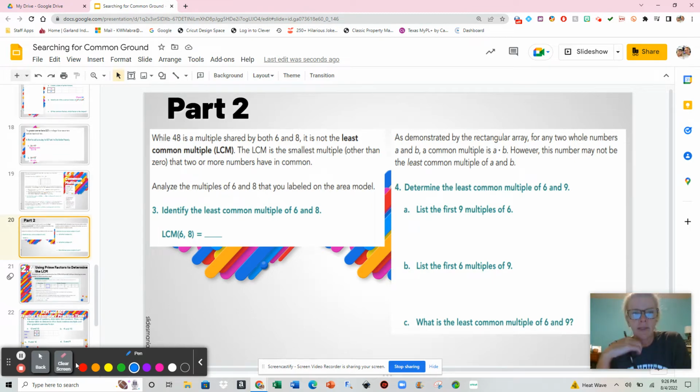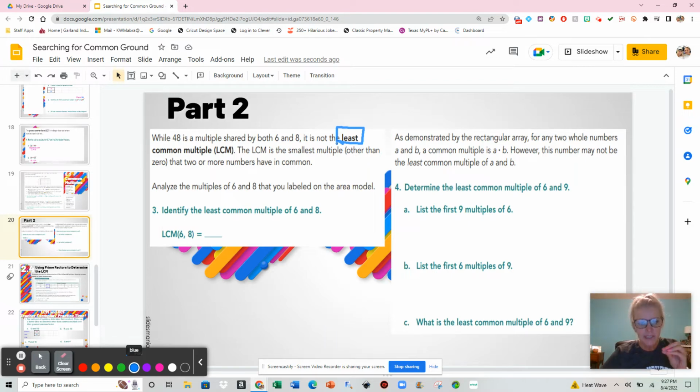Least, okay? We already know that the greatest means biggest, so least means the smallest. Smallest common, remember, is going to be the same. Multiple is just a number. The LCM, least common multiple, is the smallest multiple other than 0 that 2 or more numbers have in common.